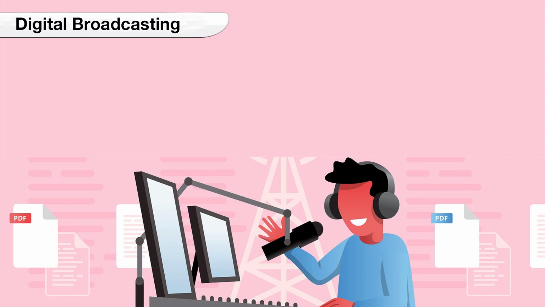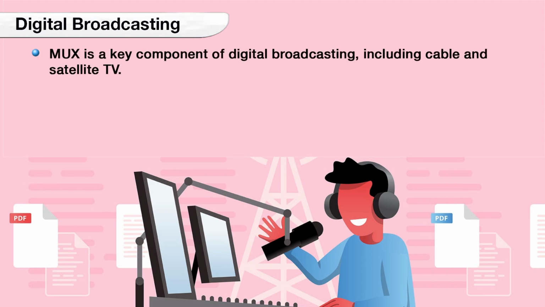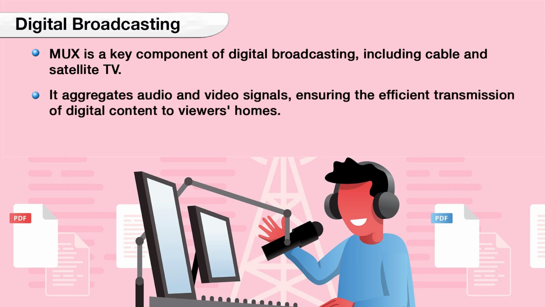Digital broadcasting. It is a key component of digital broadcasting, including cable and satellite television. It combines audio and video signals, ensuring efficient transmission of digital content to viewers' homes.